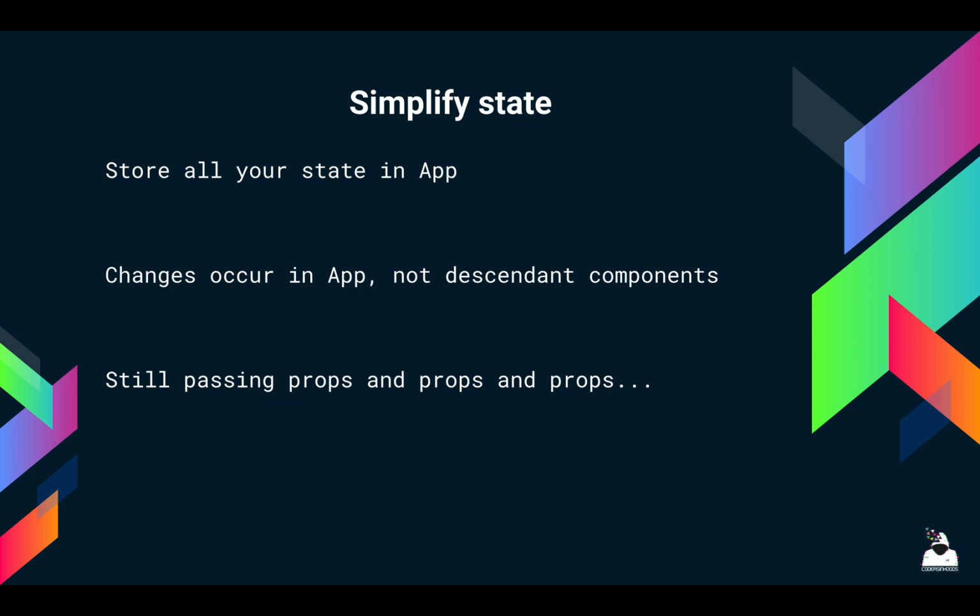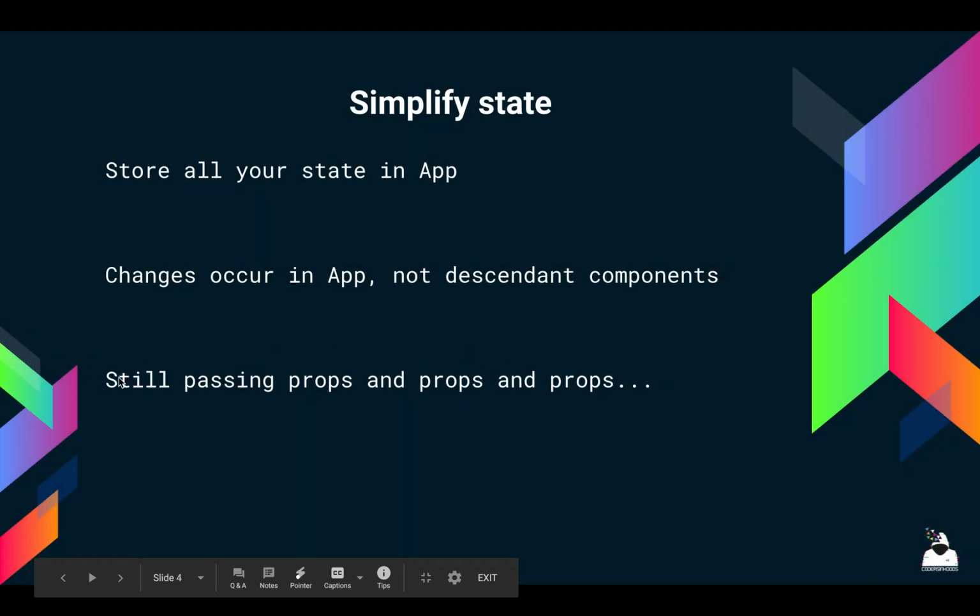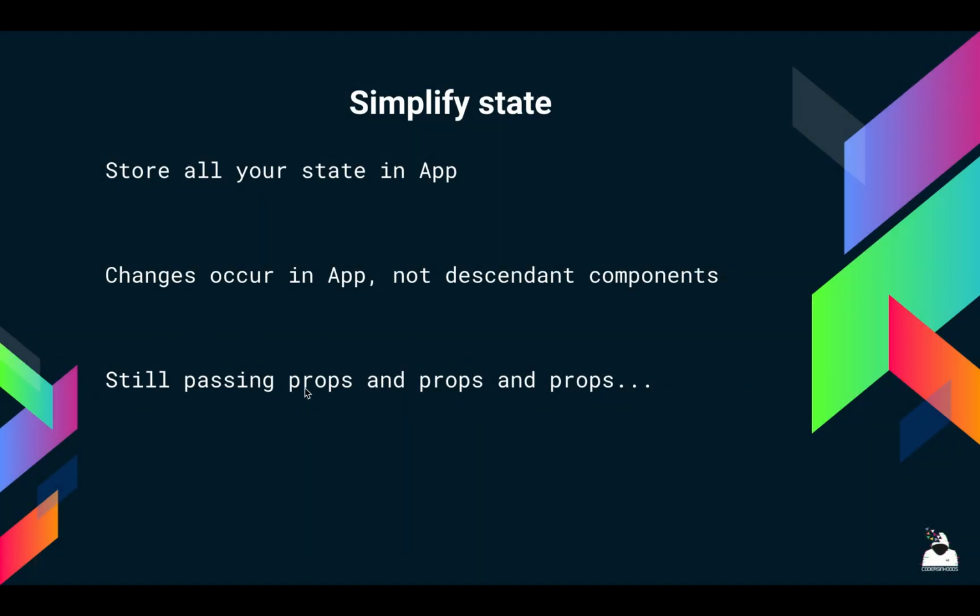So we keep the state if it's always stored in app or in one place, and it keeps all of that logic about if this happens, this state needs to be updated, and this piece of state also needs to be updated. So that could solve the problem of local state being confusing, but it doesn't really solve the problem of passing those props and props and props and so on.